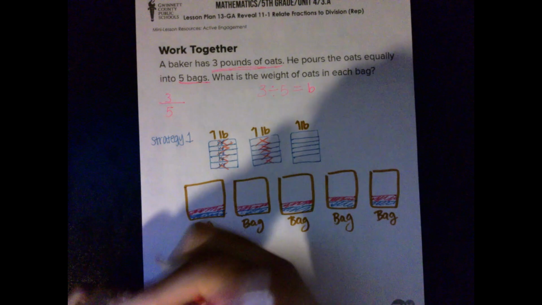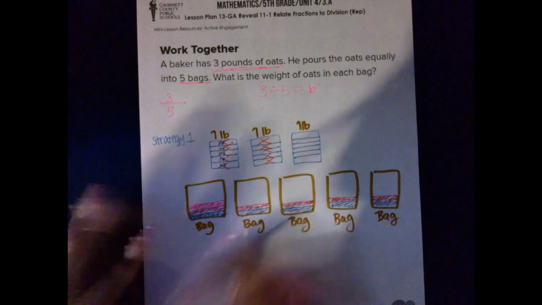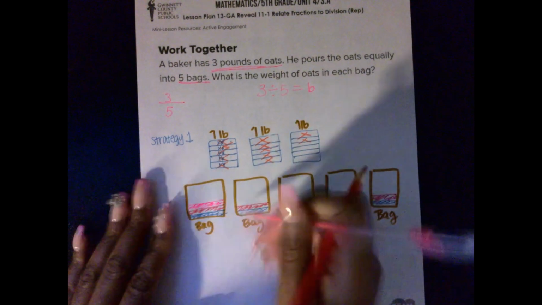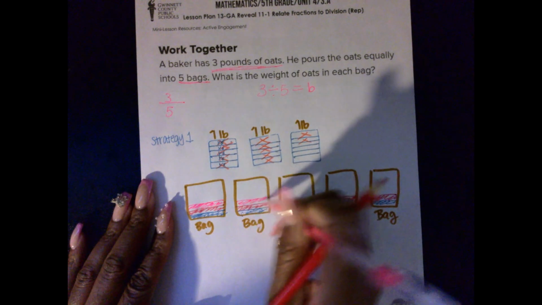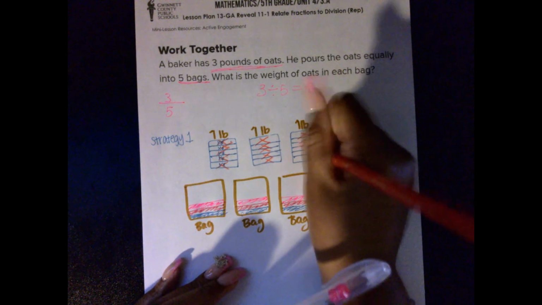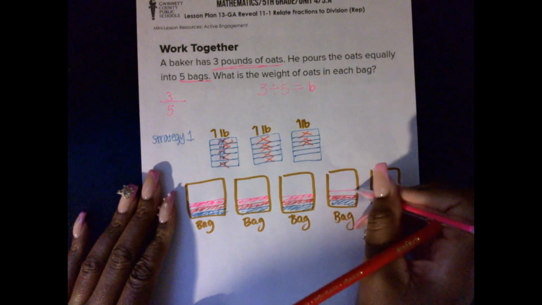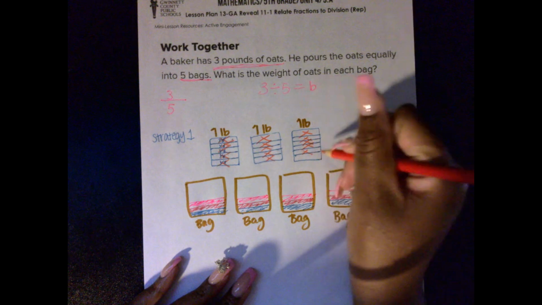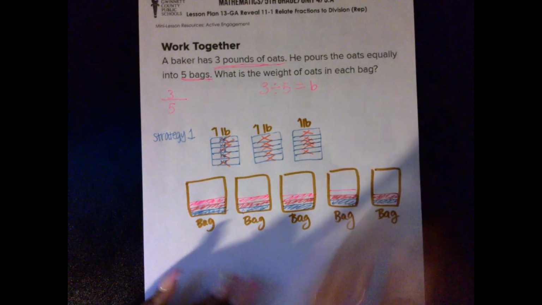All right, you're going to get a fifth of a pound. So are you, and you, and you, and you.